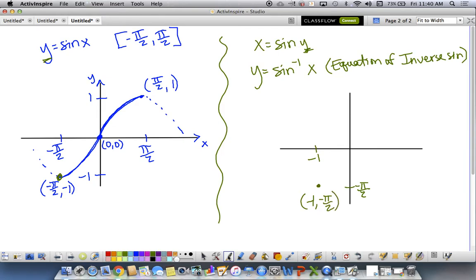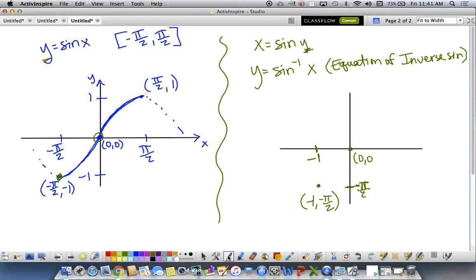Okay? Now, labeling is a must. They could look like they're the exact same points. It's up to you to label your x-axis, the negative 1. The y-axis is negative pi over 2. Now, go to the next point. If you've got 3 points, you can do this. 0, 0. When we switch that x and y, guess what?